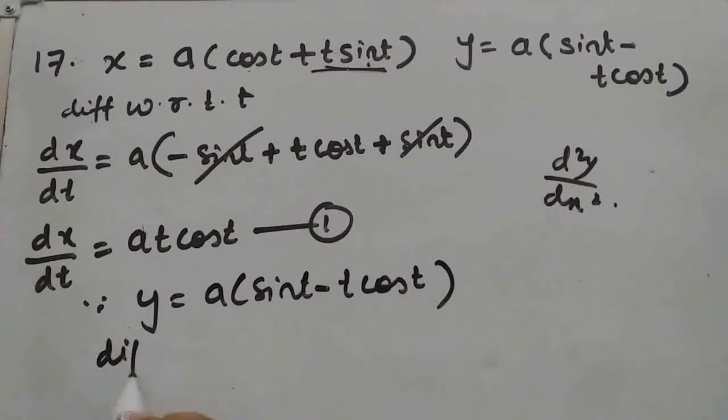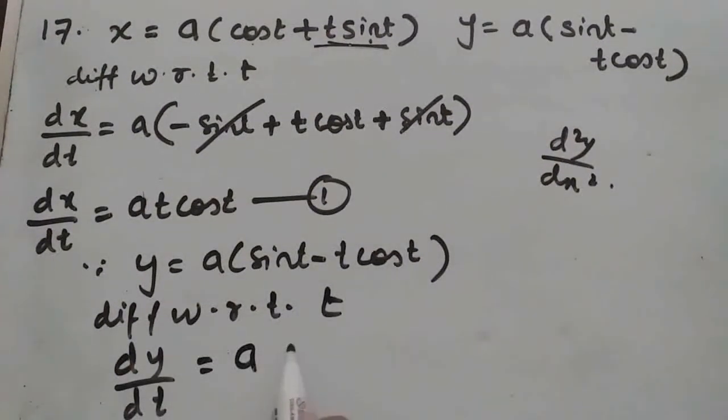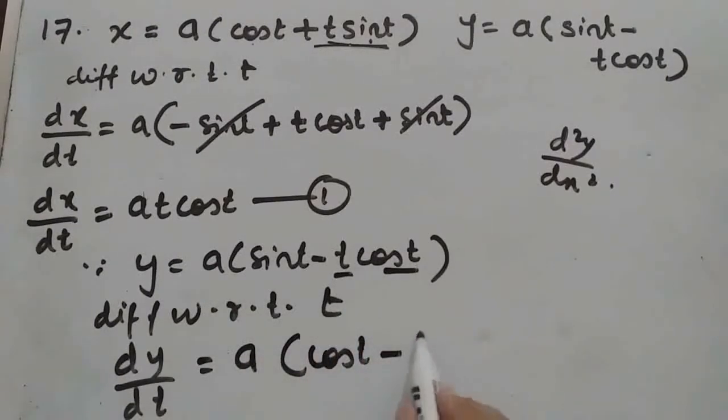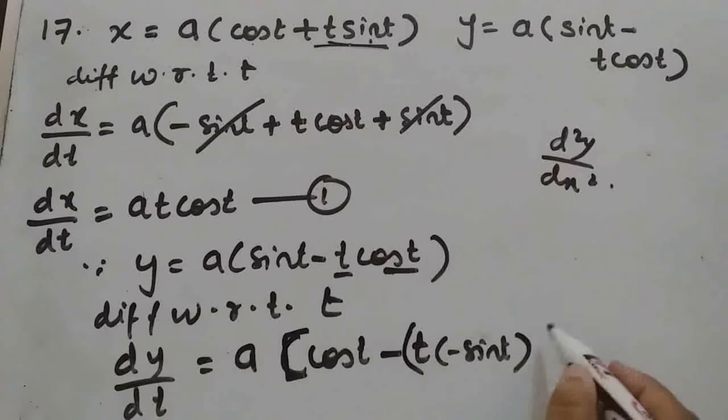So differentiate with respect to t. So dy by dt equals a. Sin t derivative is cos t. Here product rule. First function same. Derivative of cos t is minus sin t. Okay. Plus. See, this is minus, so better write in bracket. Okay.